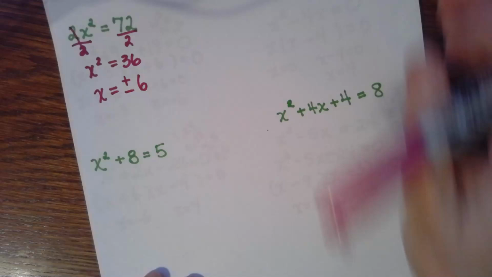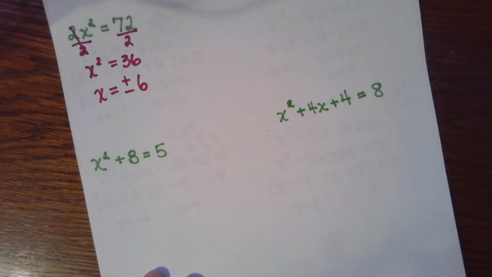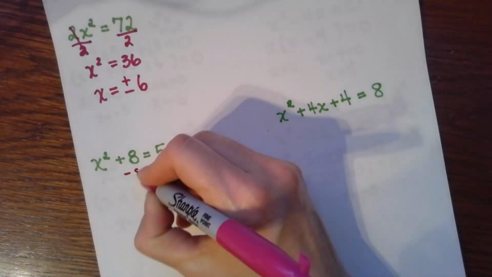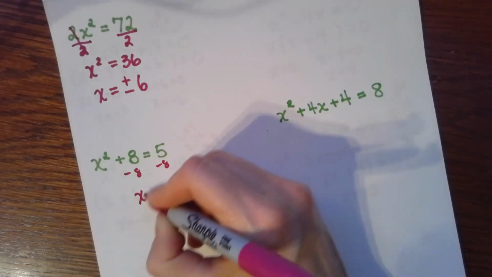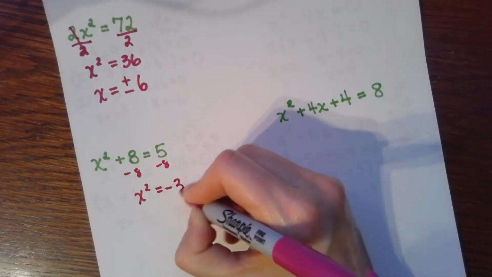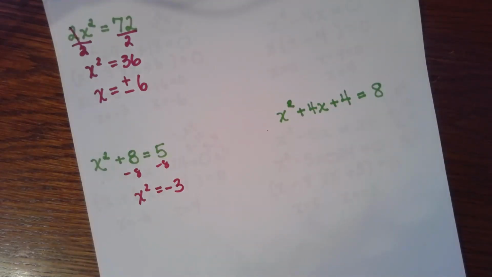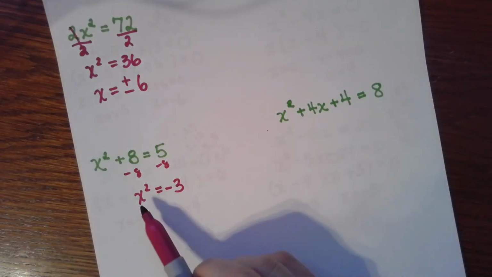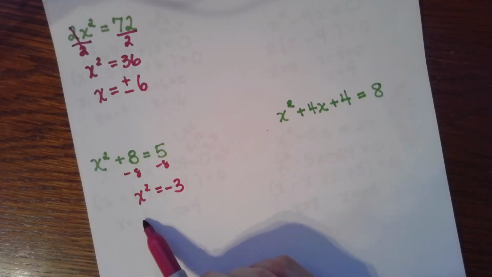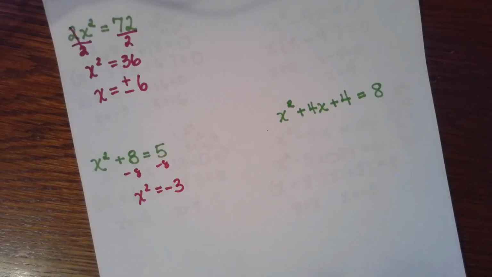This next one, x squared plus 8 equals 5, is very similar, but we need to isolate that x squared. So we would subtract 8 from both sides, and we would get x squared equals negative 3. Okay, now this one is a little bit tricky. Like when we take the square root of x squared, we get x, but what about when we take the square root of negative 3? Well, a positive times a positive is positive.